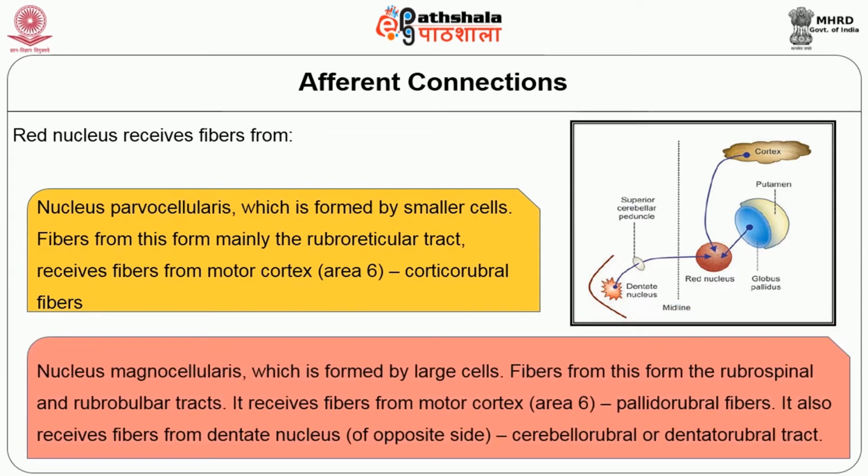The next one is the nucleus magnocellularis, which is formed by large cells. The fibers from this form the rubrospinal and rubrobulbar tracts. It receives fibers from the pallidum, that is pallidorubral fibers. It also receives fibers from the dentate nucleus, that is the cerebellorubral dentorubral tract.